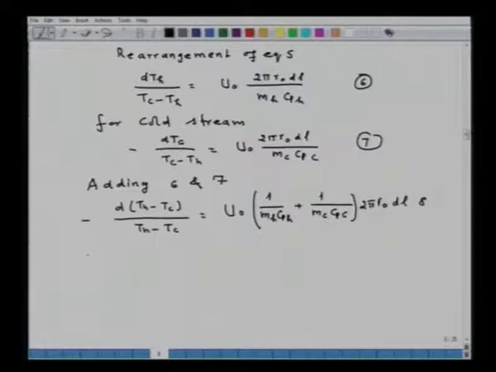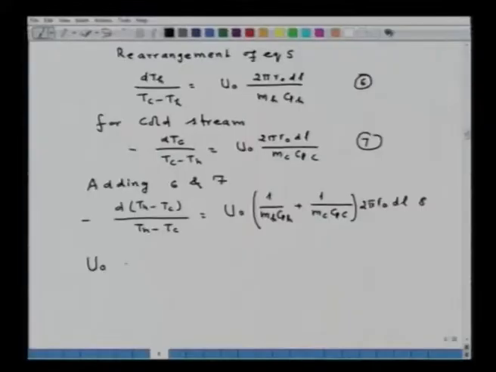Now, if we assume U0, the overall heat transfer coefficient, is independent of length L, then we can integrate equation number 8 from plane 1 to plane 2.